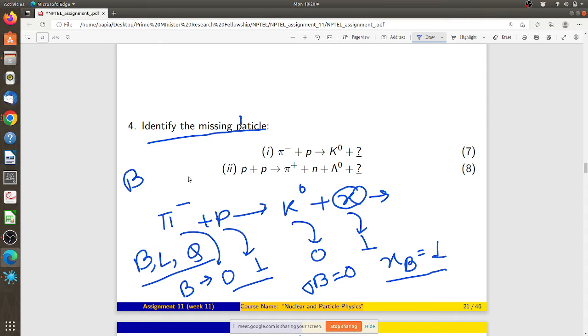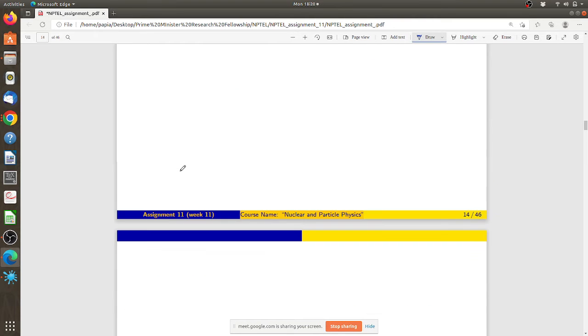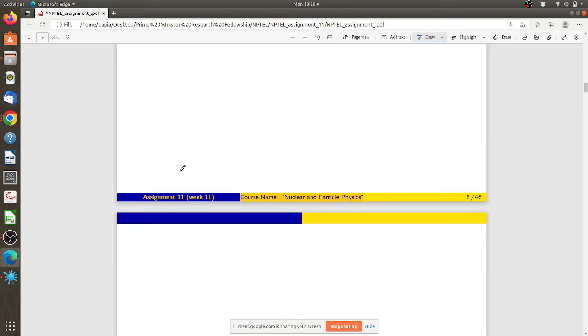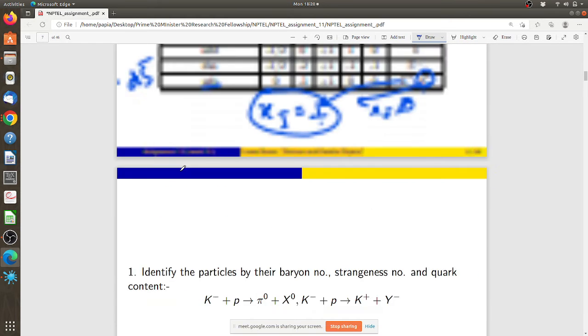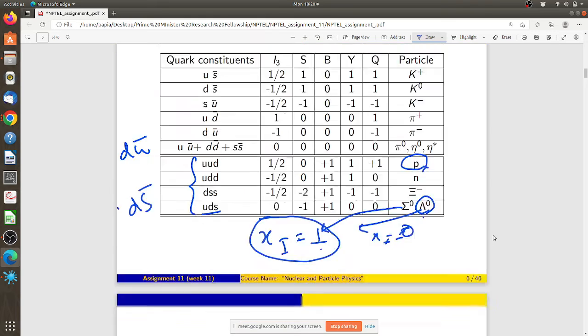You should remember these things. At least proton, neutron, that type of things you should remember. See, proton, neutron, obviously a baryon. Otherwise, how can we make one atom? With the help of baryon, we can only make the atoms. These four are baryon. So here proton is there. So obviously, proton is a baryon. Okay, just remember it.